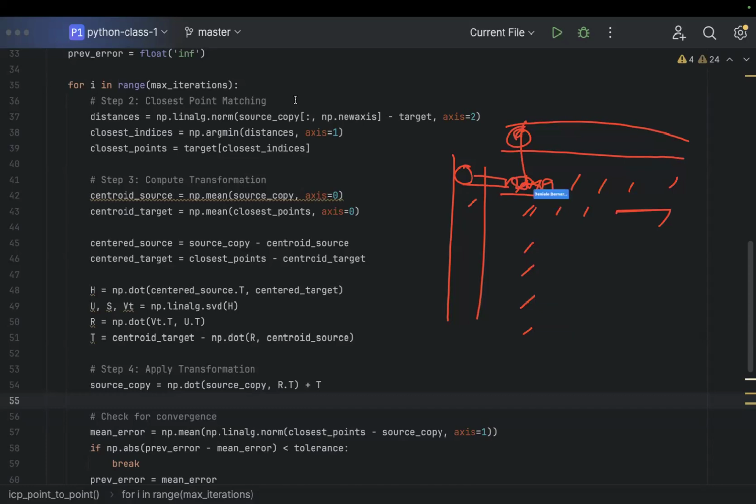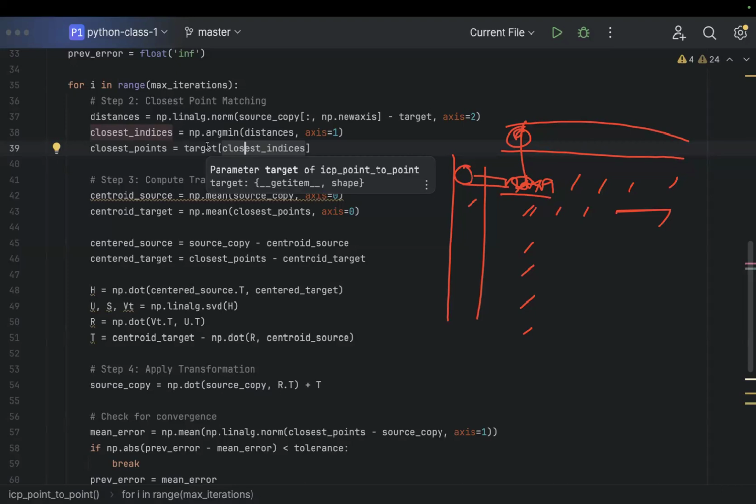You decide which one is the most meaningful. In this case, we do it on the first axis. Take the argmin of the distances, the closest index, and then we use the closest index to slice through the target and match it to the source. So the closest point from the target is given by the argmin of the distances.